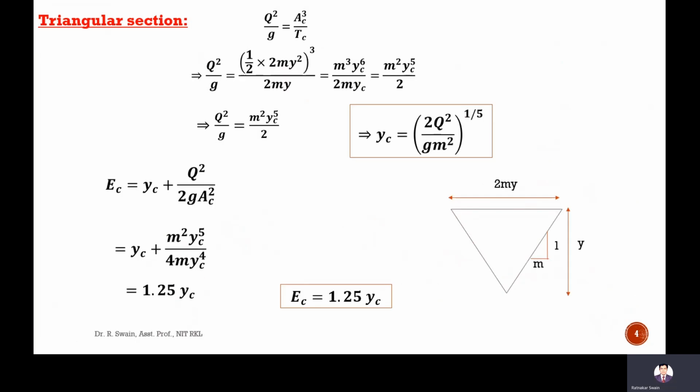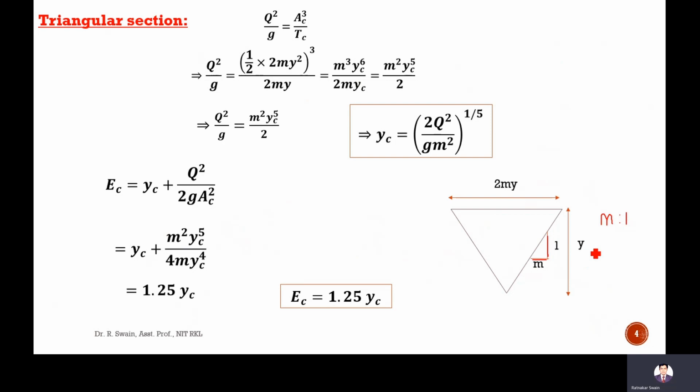Next is triangular. That is Q²/g = A³/T. Here you see, this is the triangular section. The depth is Y. Slope is, let m to 1, meaning m horizontal, 1 vertical.